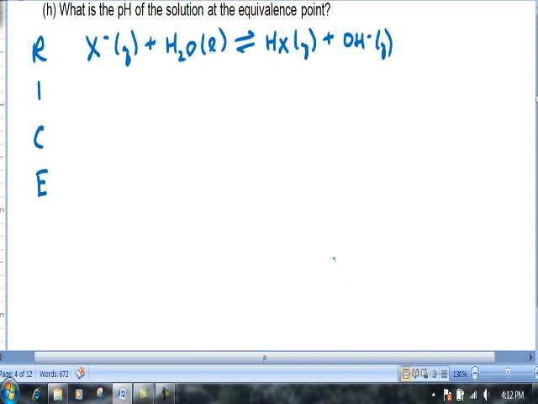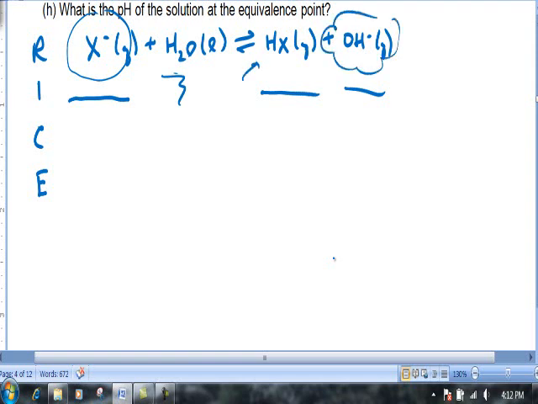We can set up and use the RICE strategy with the hydrolysis reaction that's taking place. Our salt is going to be the conjugate base, the X minus, reacting with water. It's going to generate HX, the key thing, make hydroxide ions, which causes the pH at our equivalence point to be basic.